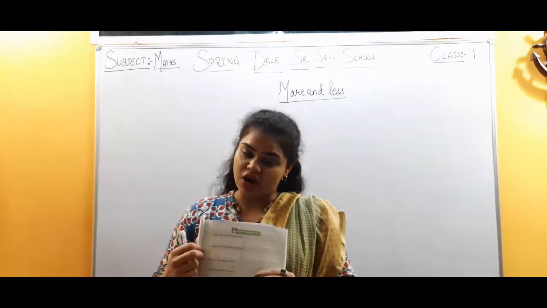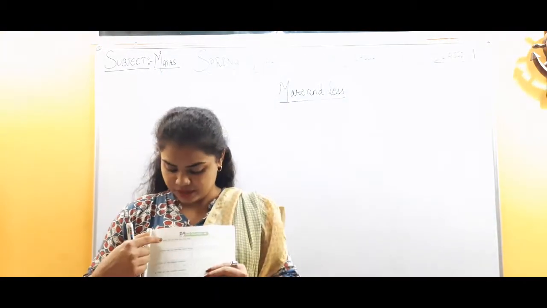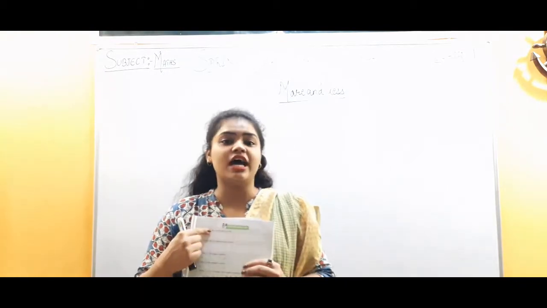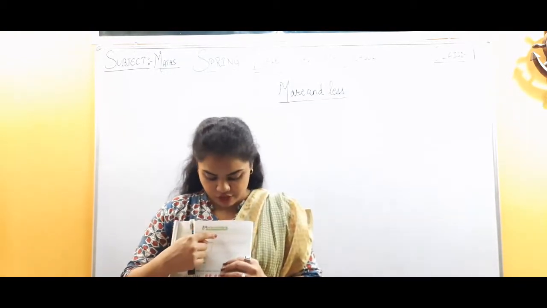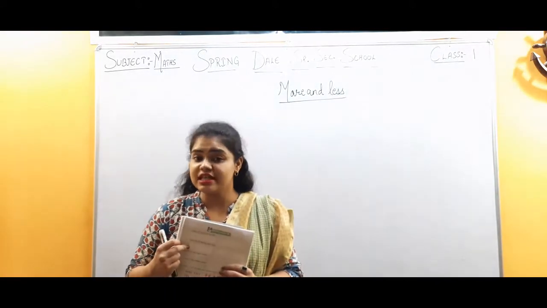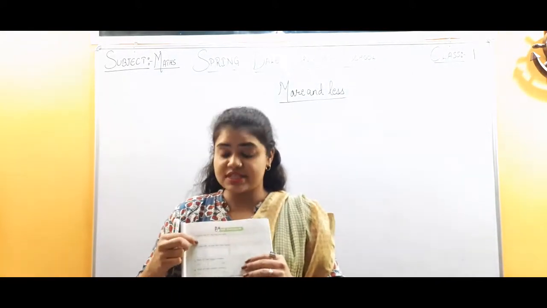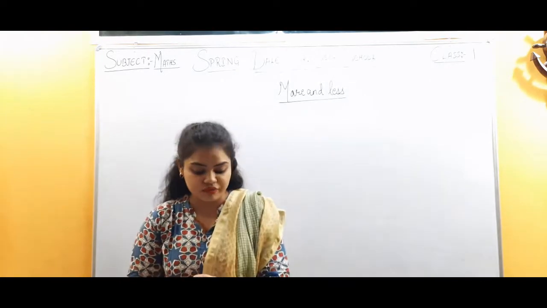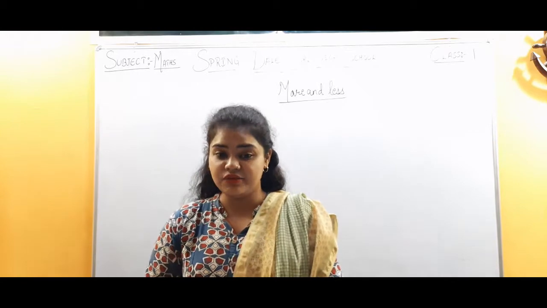We will just count and then we will color it. 1, 2, 3 and 4. In this box we have 4 fishes. Here we have 1, 2, 3, 4 and 5. So children, which one is less? The box which is having the 4 fishes. So we have to color the 4 fishes, that is less than 5.